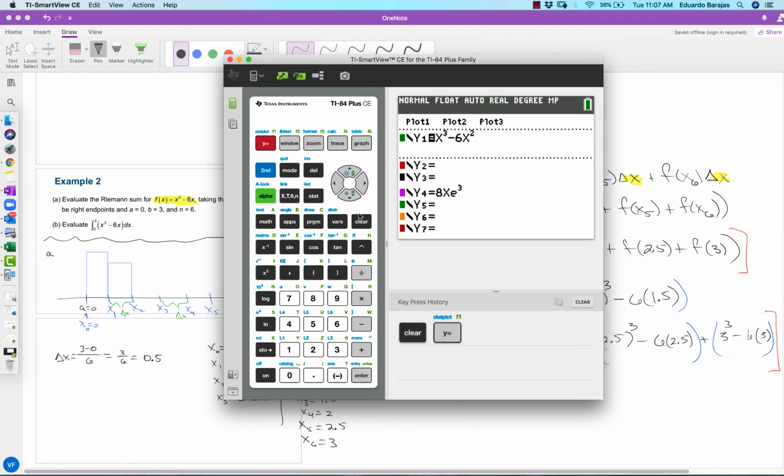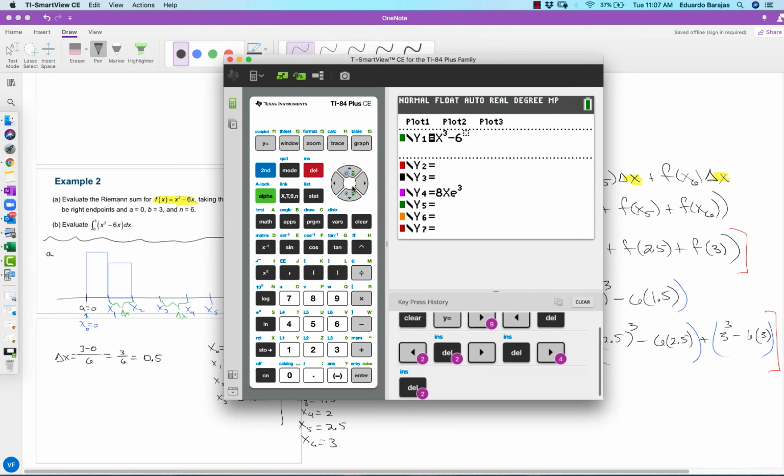So type in x cubed minus 6x, not 6x squared. There we go. Notice that this equal sign is dark, that one is not, so this is not going to bother me.